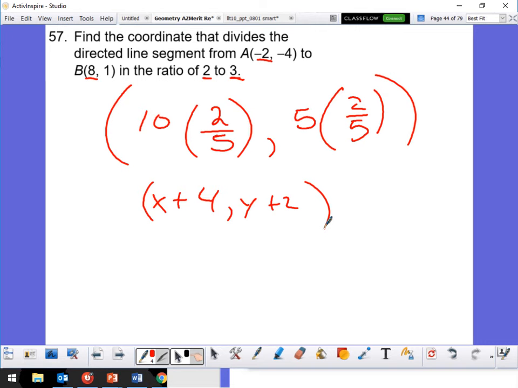From my first point, because I'm going from A to B, it's going to be -2 plus 4, which is going to give me 2. And I have -4 plus 2, which is -2. You're right, thank you.